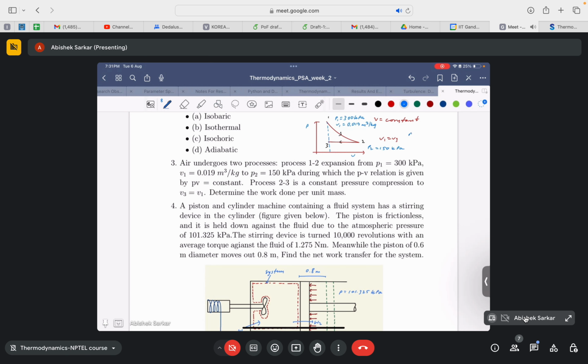And we are given that P1 V1 equal to P2 V2. So we need to find the net work interaction in this cycle. And V1 equal to V3, and this process 2 to 3 is a constant pressure process. So we need to find the net work interaction.